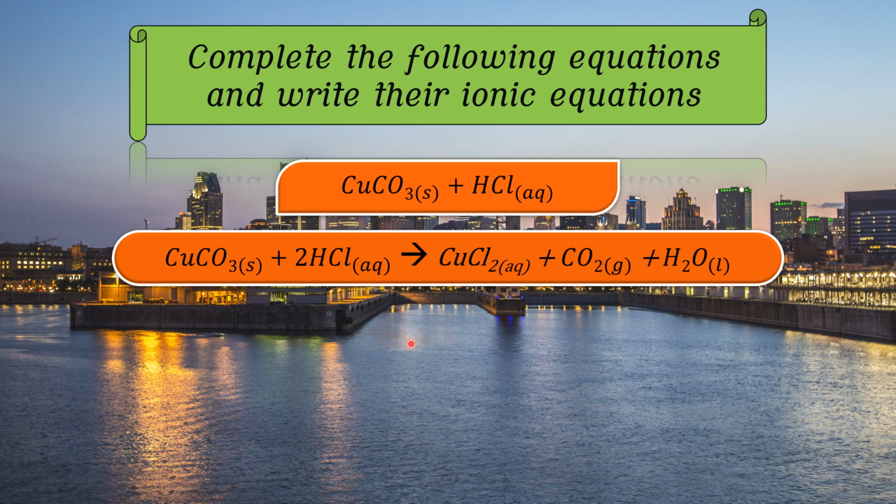After getting that one, now we have to go to the ionic equation. So here we are going to split all the aqueous species, apart from the solids and the liquids. The rest, which are aqueous, are going to give us ions. Apart from the solid calcium carbonate, carbon dioxide gas, and water, which is in a liquid state, those are the ones that will not give us ions.